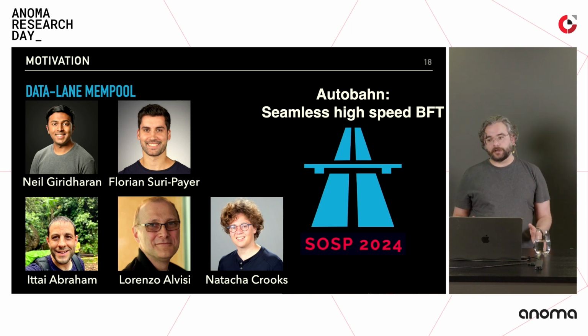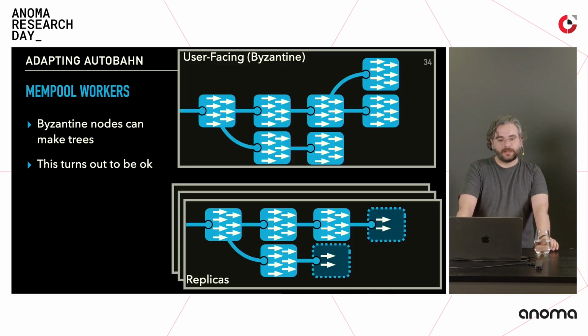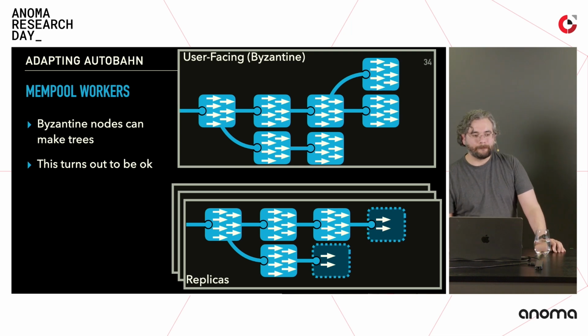And then it became a question of how do you deal with disobedient or misbehaving validators who don't necessarily produce a well-formed data lane, which I mentioned here, but did not go into details of why that turns out not to be the end of the world.